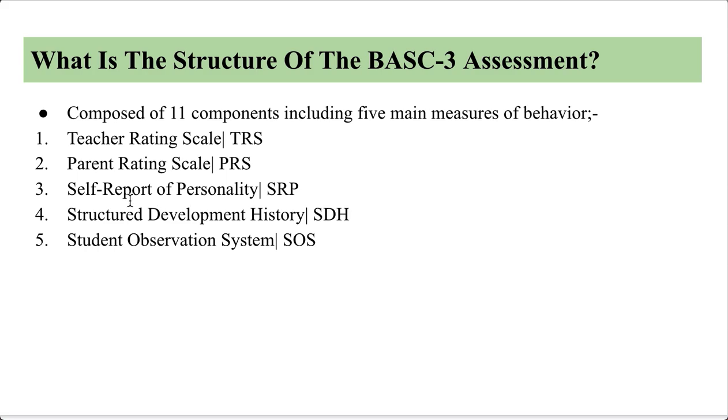And then you have the self-report of personality scale. This has 4 different versions depending on the age level. The first version is for ages 6 through 7 years old. This is completed by an actual interviewer, not the child. But for the older grade levels, the students complete those on their own, answering a variety of yes or no questions.